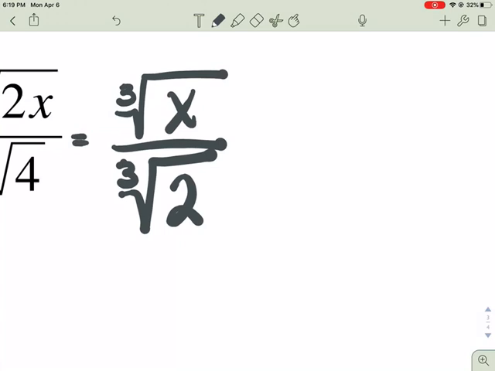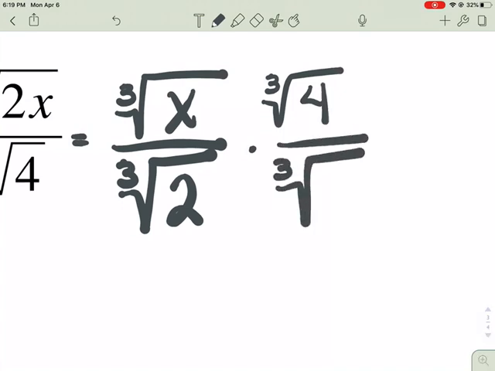Well, I want it to be a perfect cube. Well, 2 perfectly cubed is 8. What do I need to multiply 2 by to get to 8? That would be 4. So I need to multiply top and bottom by the cube root of 4.